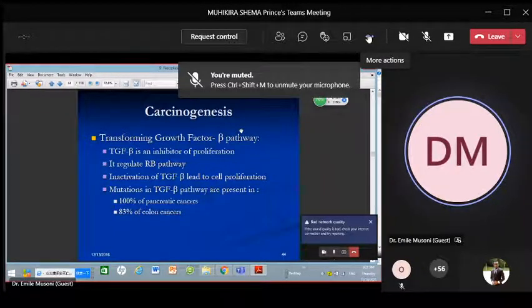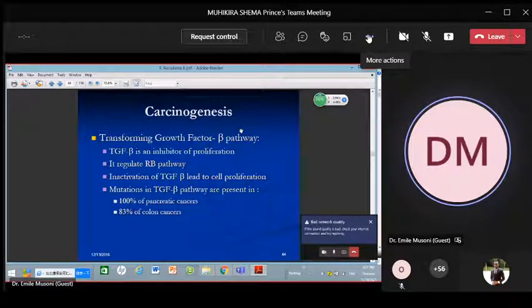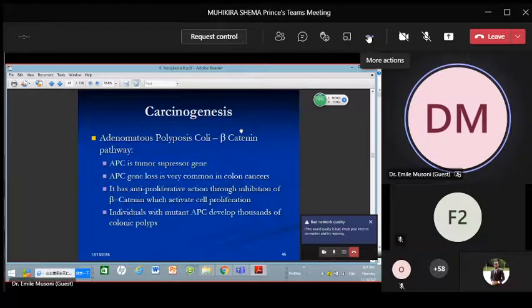Transforming growth factors: the loss of TGF beta inhibition leads to cell proliferation, and then there will be mutation, and there will be cancer, seen in colon cancer in 83%. Adenomatous polyposis coli, those have a beta-catenin pathway. APC is a tumor suppressor gene.